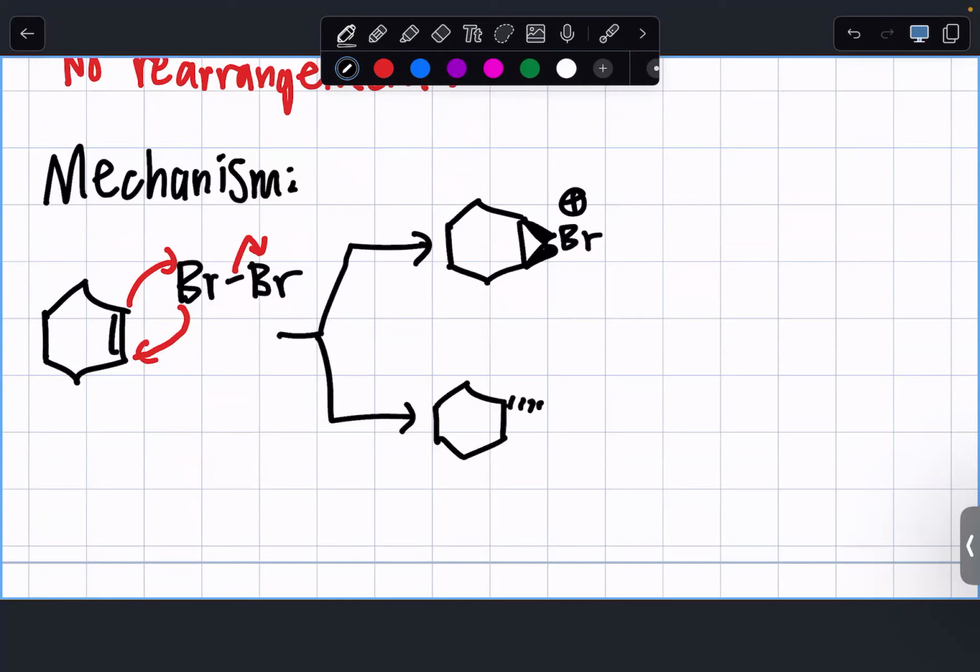And the formal charge of the bromine in this cyclic bromonium ion is a positive charge, because this bromine has two bonds, and halogens with two bonds will have a positive charge, right? So let's say this was a front side attack on the top, and then the bottom was a bottom side attack.